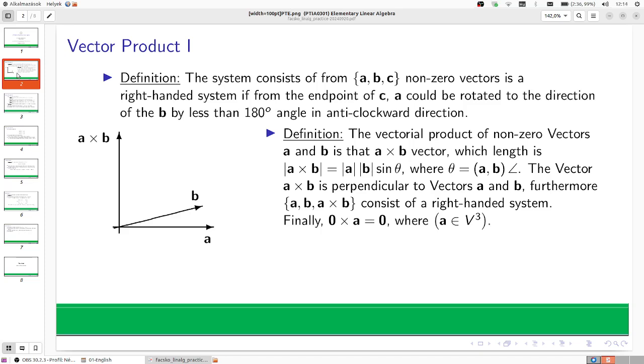You have one vector that you know is somewhere in space, there is another.